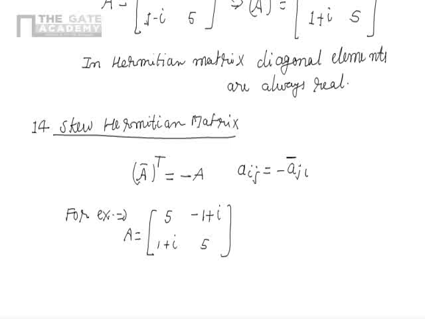In order to check this matrix, first of all I will take the complex conjugate of each element. So it will be 5, minus 1 minus i, 1 minus i. Here I am just replacing i by minus i in order to take the complex conjugate of each element.